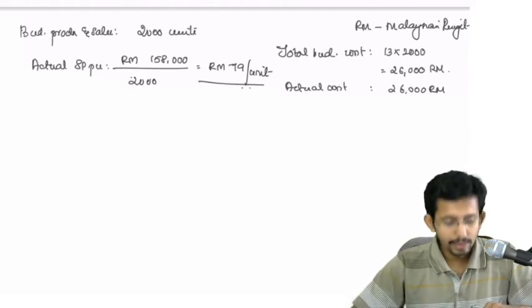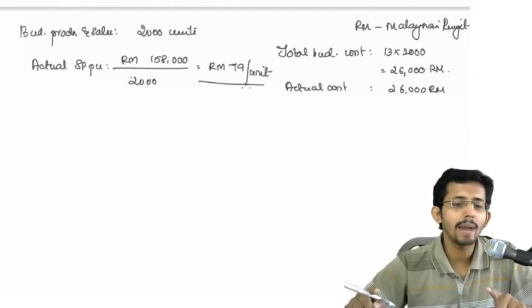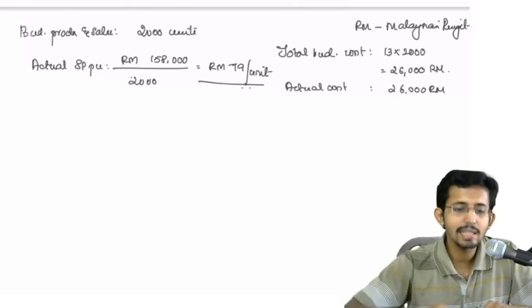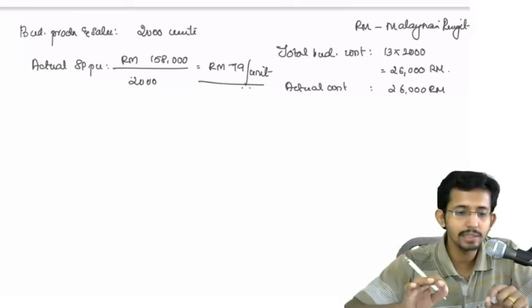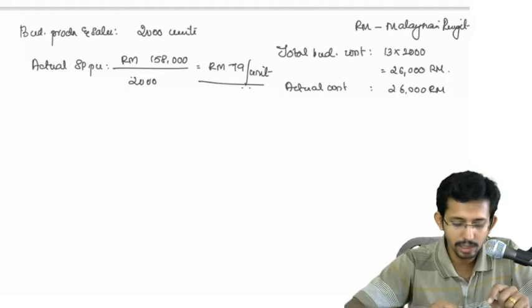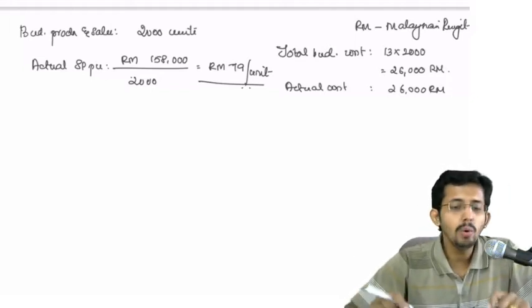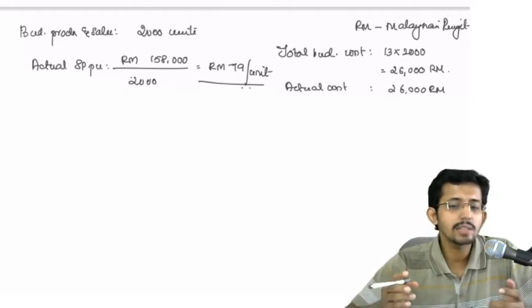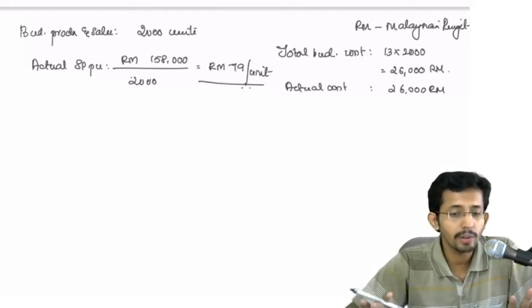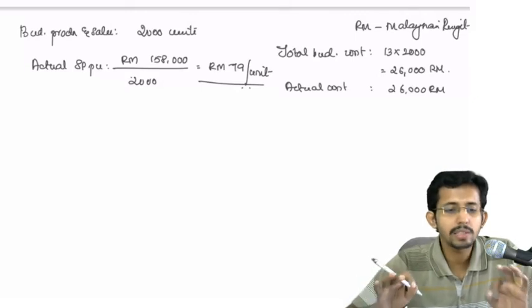Whereas management thought that this is the highest feasible price, which means if you quote a price above 79, then that will affect what? Your volume. But now they feel that they could have easily sold the same product at RM 82.50 with no adverse effect on the volume.